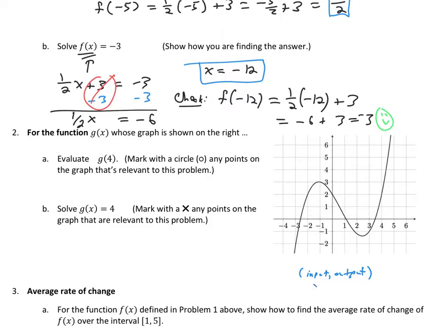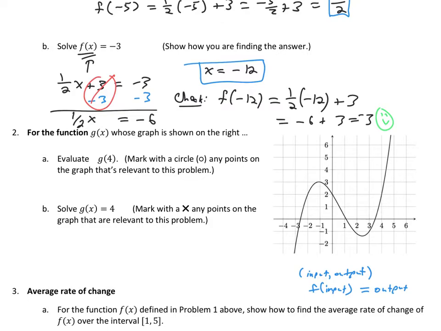That means f of whatever the first number is equals the second number. So any dot that we make on this graph corresponds to a function value, an input-output pairing for the function.